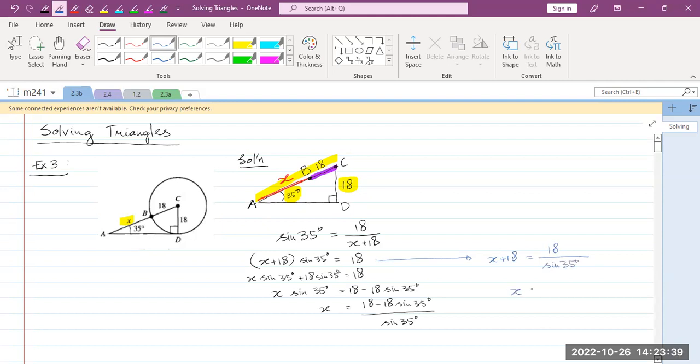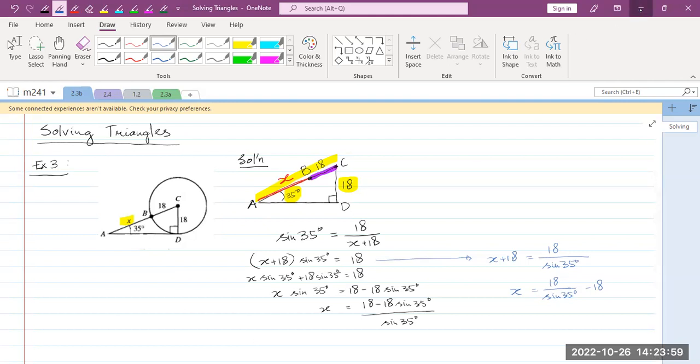Then x equals 18 over sine 35 degrees minus 18. Whichever you think is easier to solve.